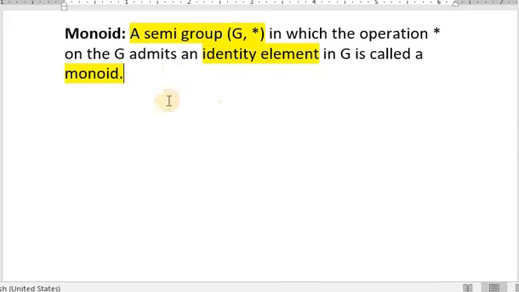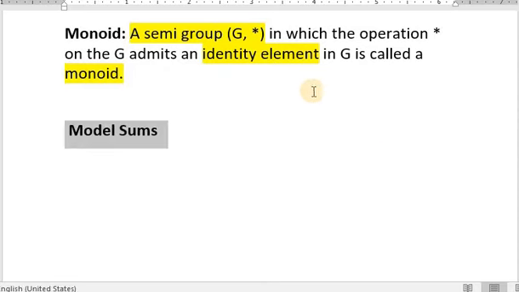So, a monoid has to satisfy the first three postulates: closure law, associative law, identity element. So, a monoid is a semigroup (G, star) in which the identity element exists with respect to the same operation. We call it a monoid.